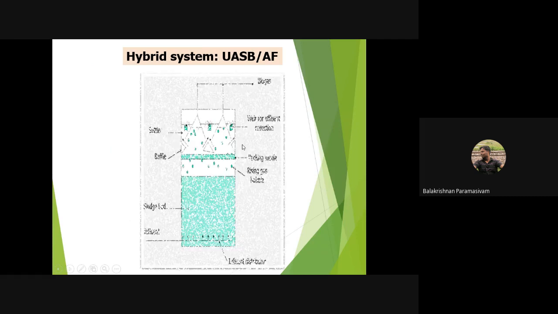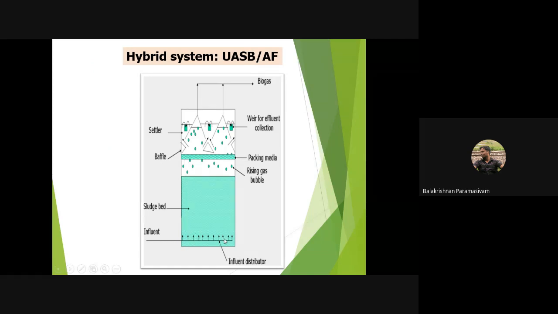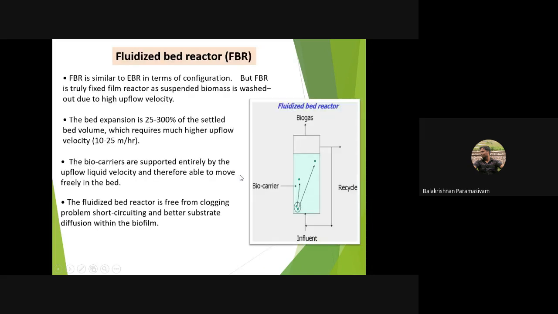Then the hybrid system. A hybrid system sometimes has a little more advantage. Here I am discussing UASB plus anaerobic filter. We can see that the influent is coming, and the sludge bed is the sludge generated in the anaerobic process, and we are providing a packed media.